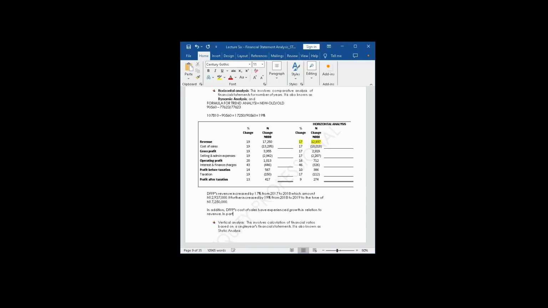In particular, the cost of sales of the company increased by 17%.